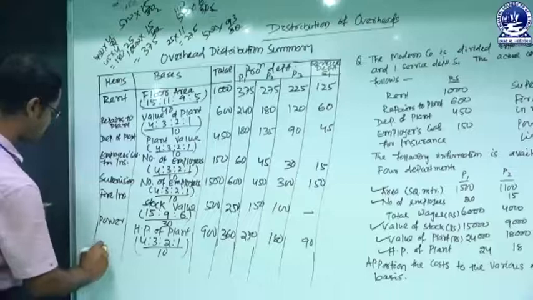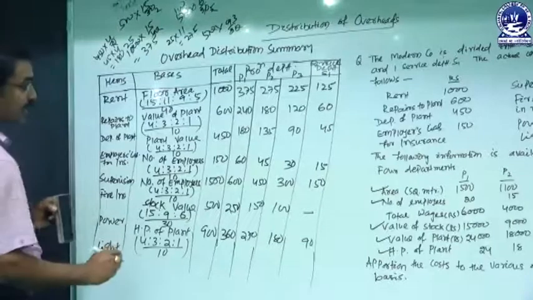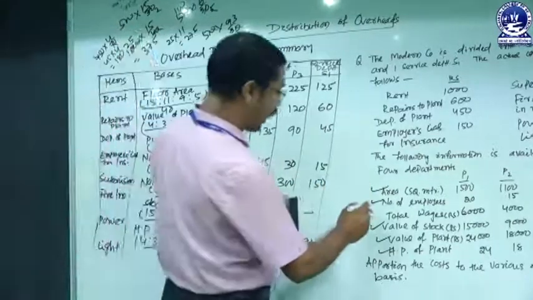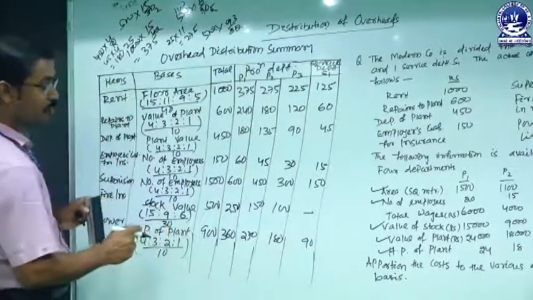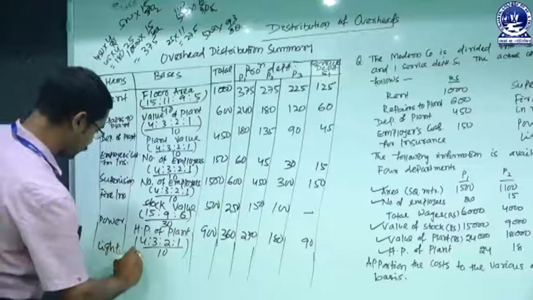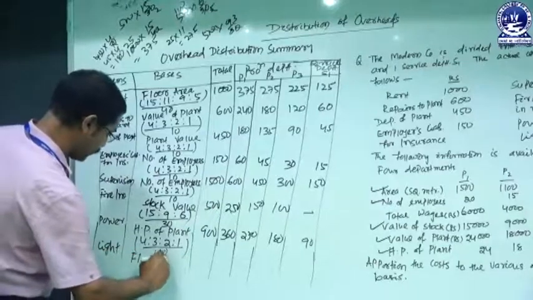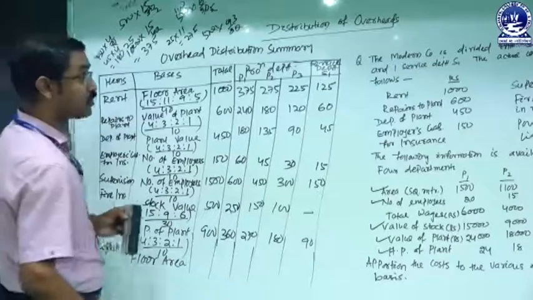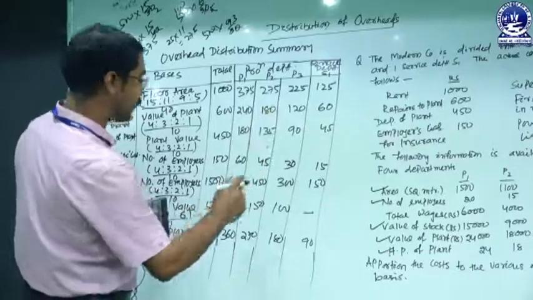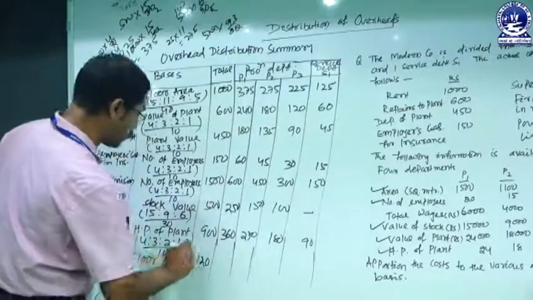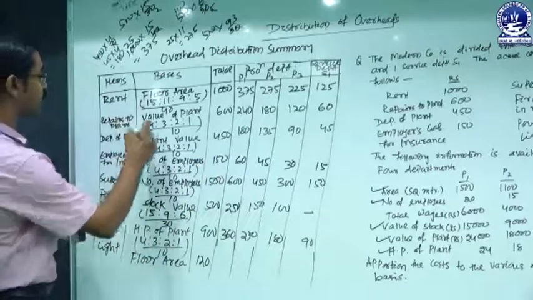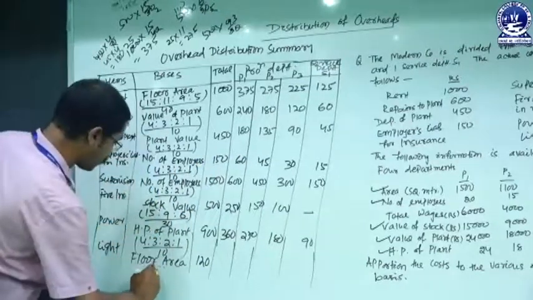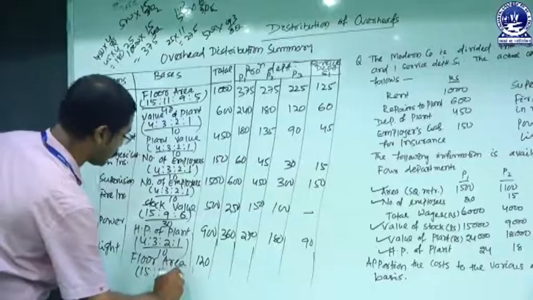And the last one is light. We will take the most appropriate base as floor area. The lighting expense is 120, and the area is on the base of 15:11:9:5.